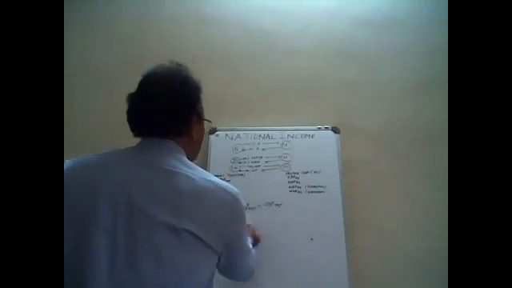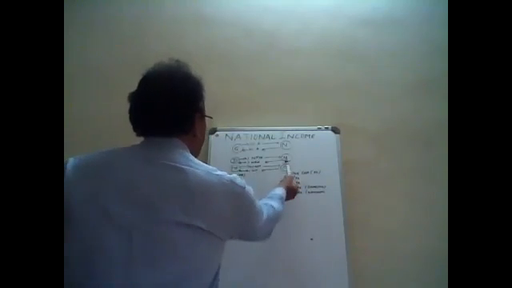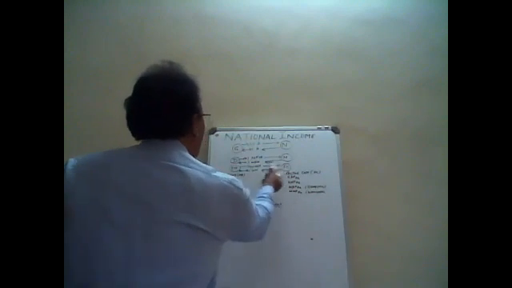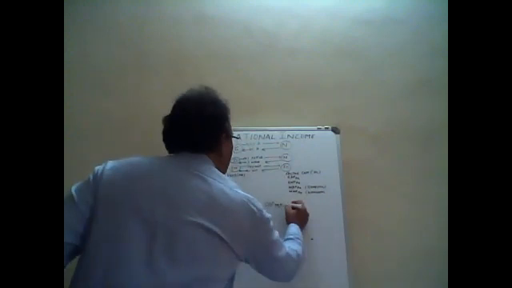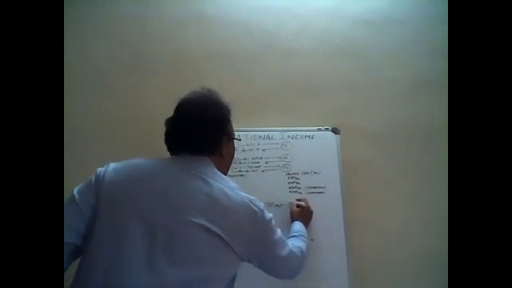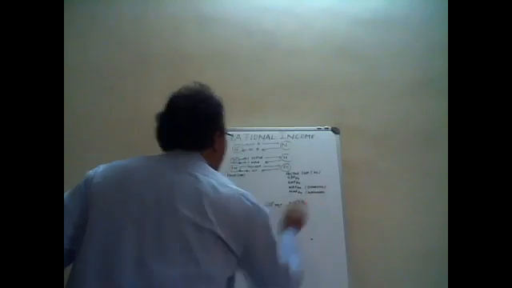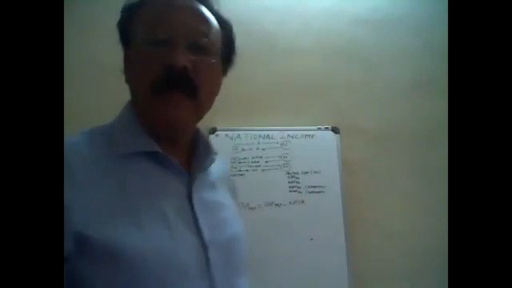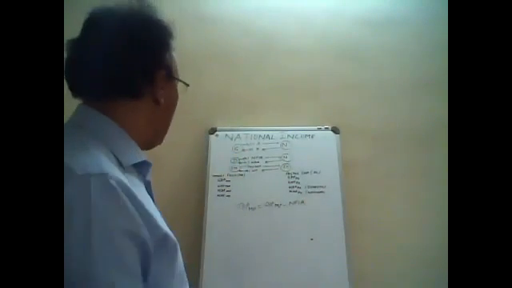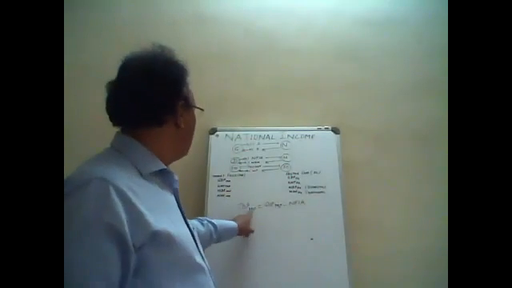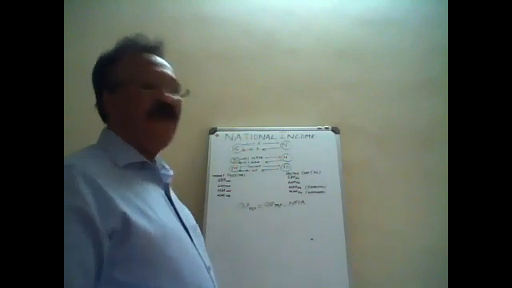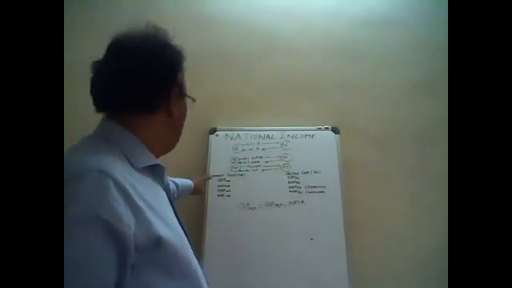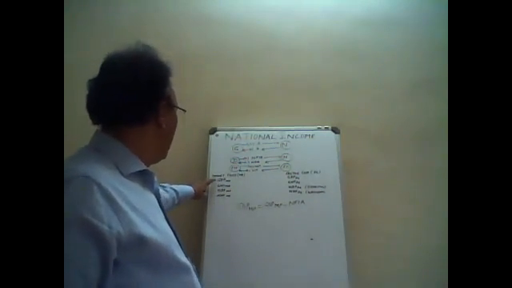Gross is here, gross is here. National is here, domestic is here. From national to domestic, what do we do? Look into your chart. Minus NFIA. Then the rest is the same. This is the first one done. GDP when GNP is given.